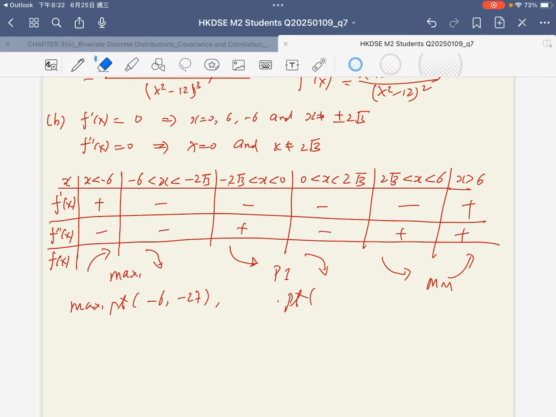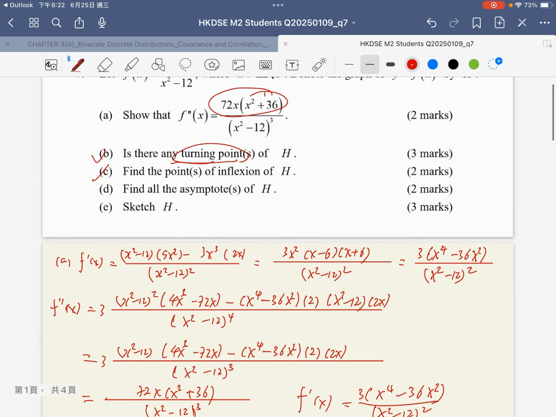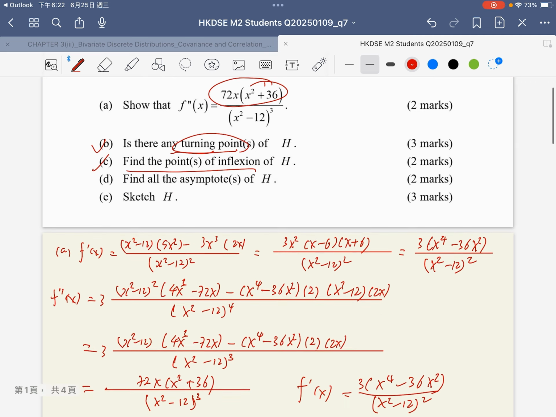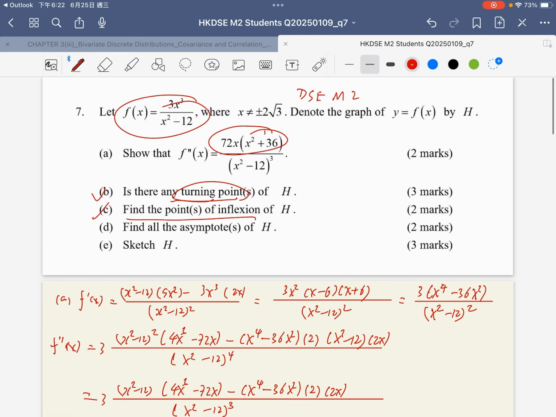The second one is the minimum, at 6 and 27. For part C, the point of inflection is at 0, only one, as the value of y is 0.